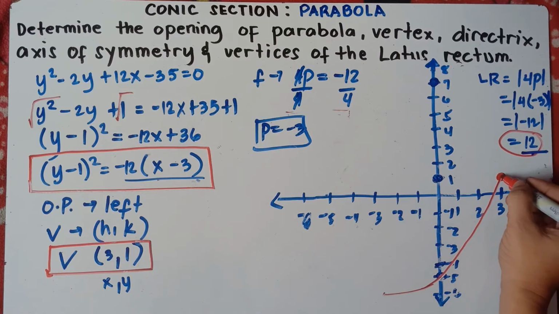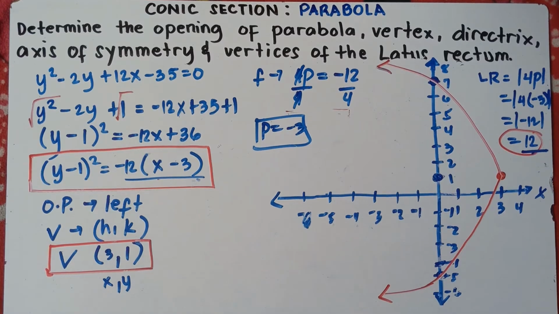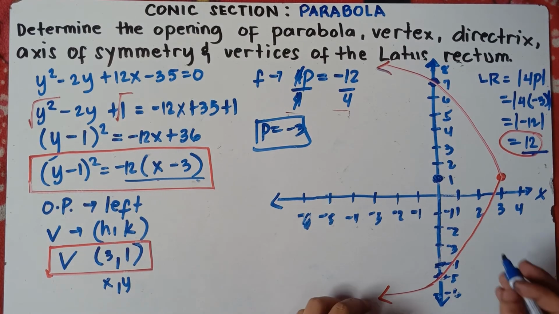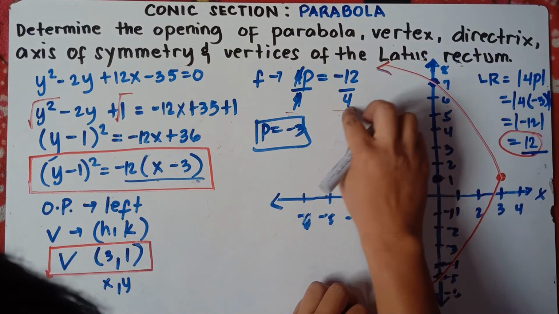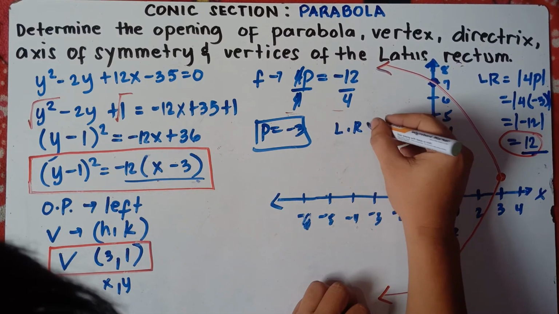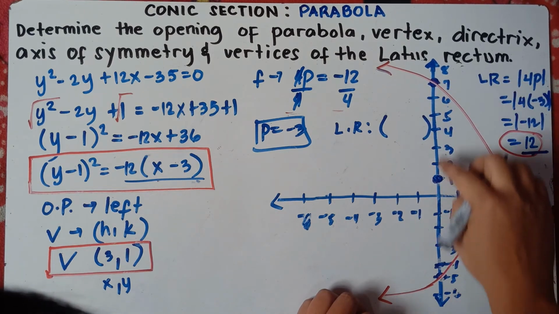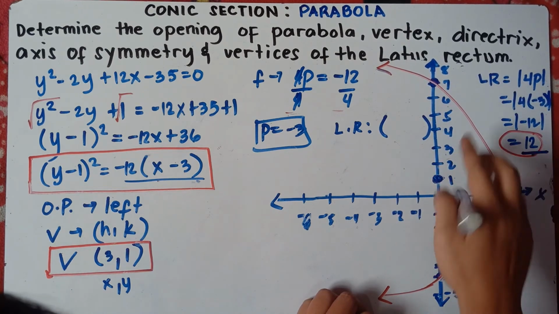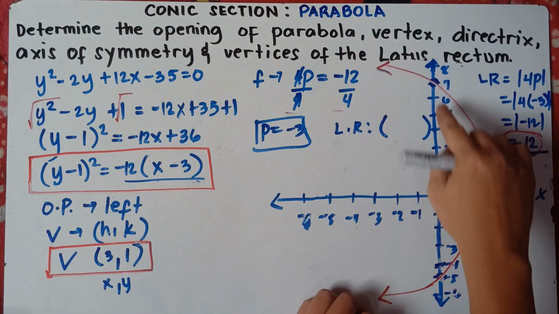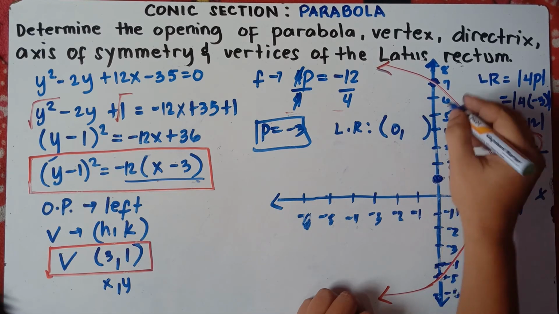Then you can connect the points, this one and this one. So that would be the latus rectum and the vertices. Let me just write the vertices of the latus rectum here, class. LR vertices. For the first vertex, our x is 0 since we are at the center, and our y is positive 7.